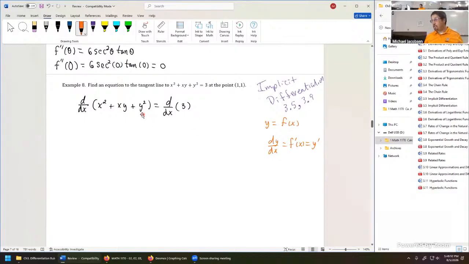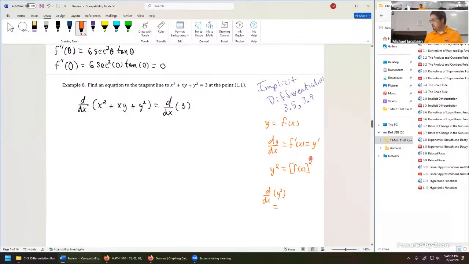Say, for example, you're differentiating y squared. That's a tricky one, because if y equals f of x, that means y squared is f of x to the power 2. So if you take d/dx of y squared, you're really differentiating that.